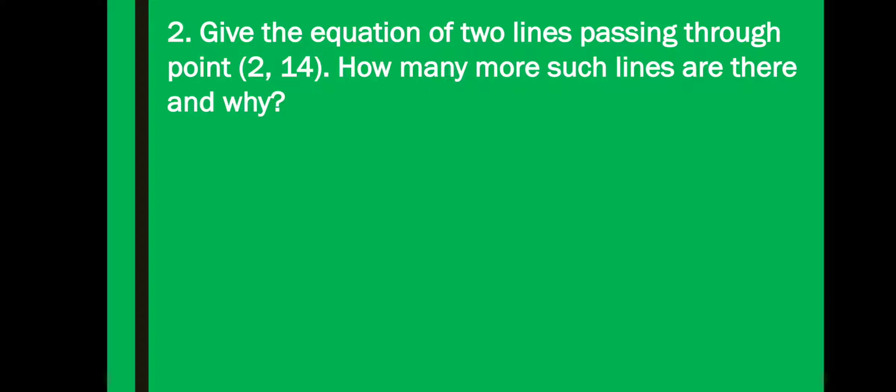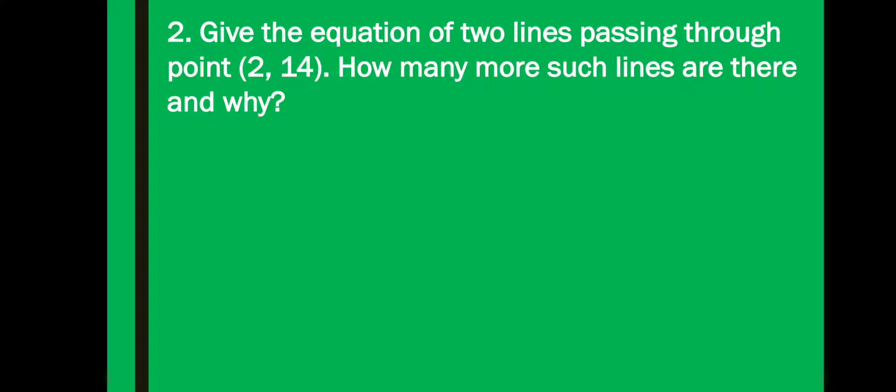There is only one point given to you, and as we know, through a single point we can draw infinite number of lines, but you have to write only two such equations. And after that you are asked how many more such lines are there and why.